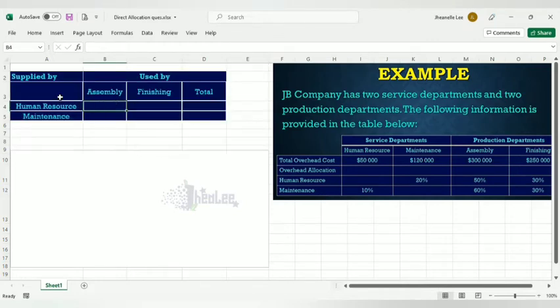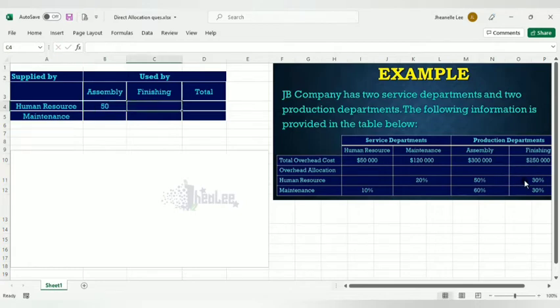So here we have the table, and for the human resource, we're going to pick up the amount that is used by the assembly department, and that is coming from the question. We're seeing 50%, so I'm going to enter 50 right there.